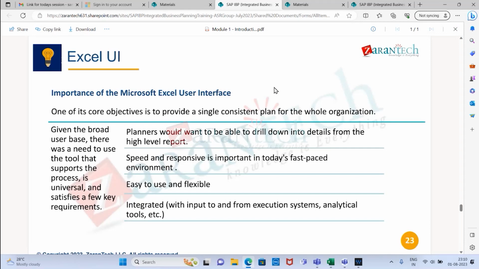And what sort of reports do you prepare from the IBP tool and download into the Excel? Everything. We mostly use the Excel interface when we look at the demand and supply portion. Not many use the web UI. The web UI is where most of the master data comes in from. But we view everything within the Excel.